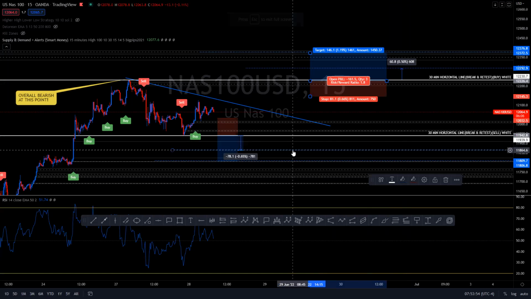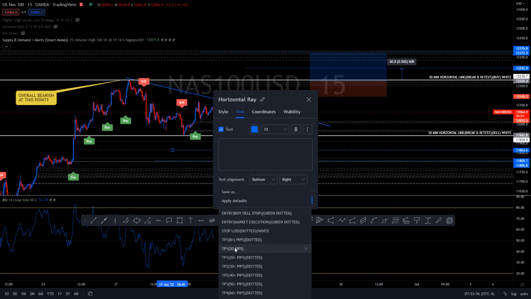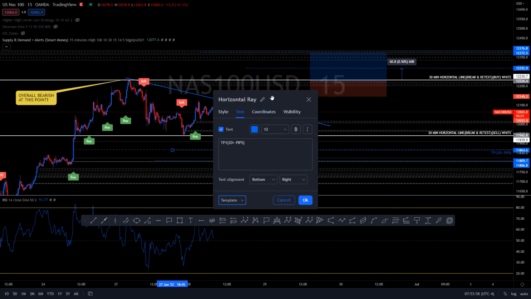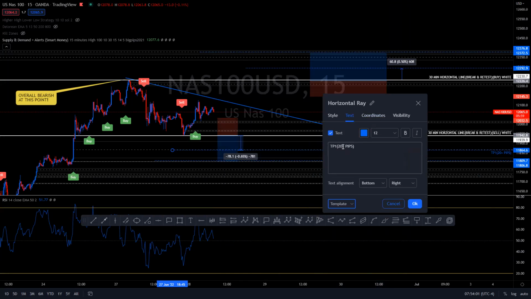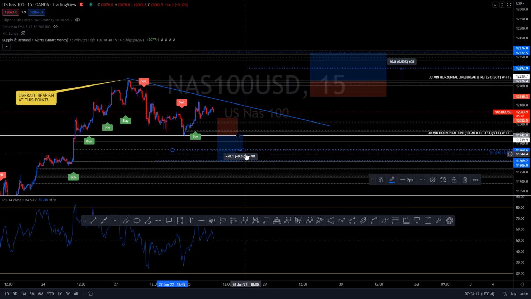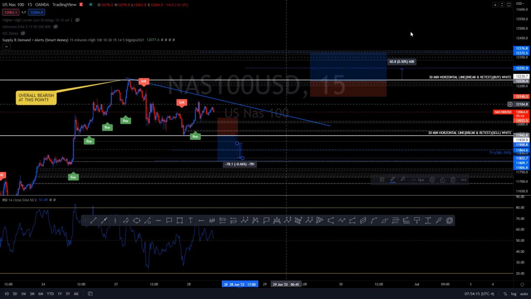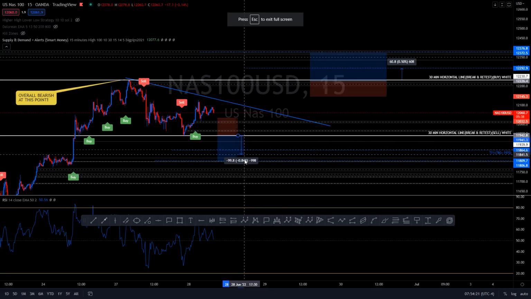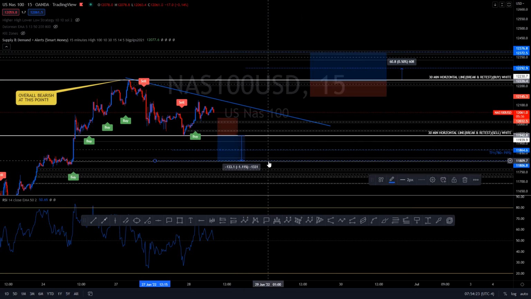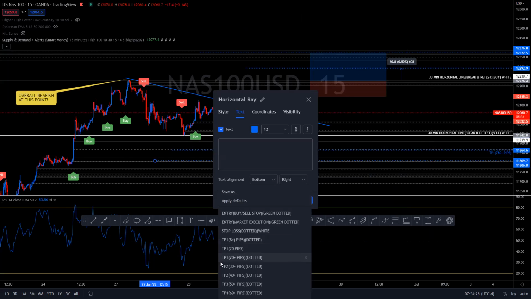So now what I'm going to do is label this take profit. So this is TP1. This is 780 plus pips. This is going to be 1,800 plus pips.